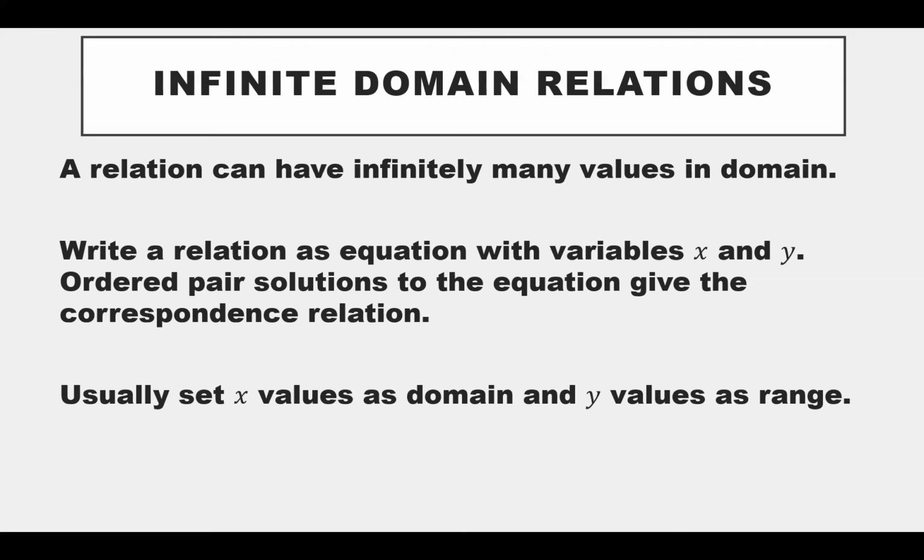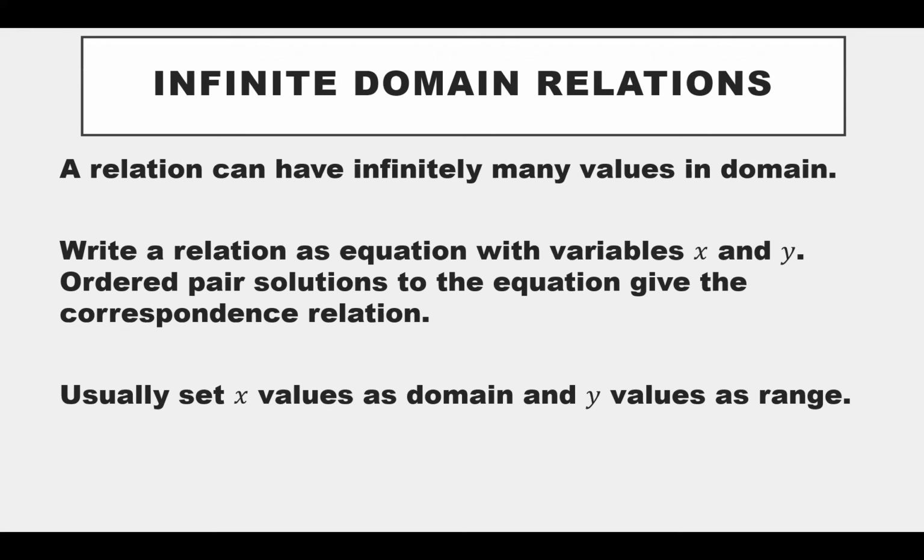Our ordered pair solutions to the equations give the corresponding relation, or the correspondence relation. So the ordered pairs that make the equation true give the correspondence for the relation.